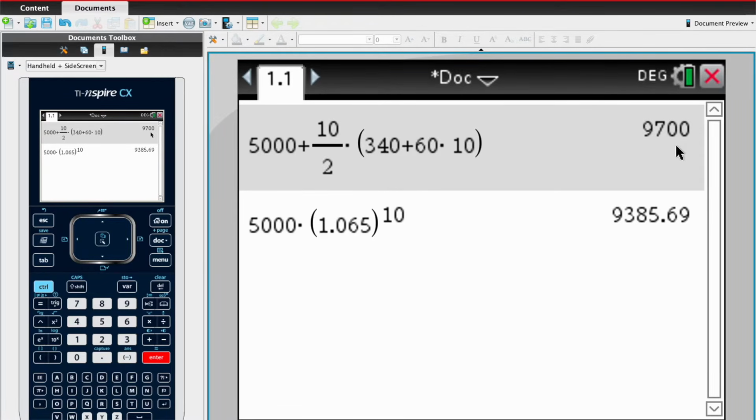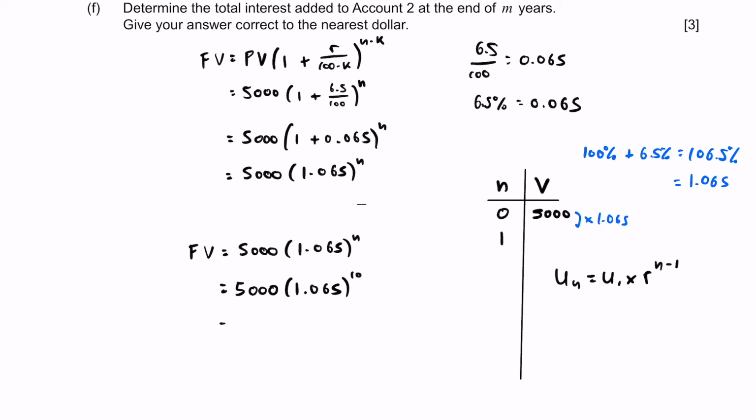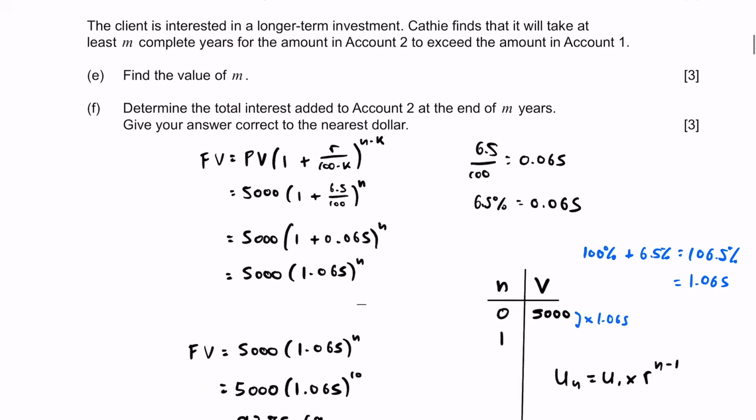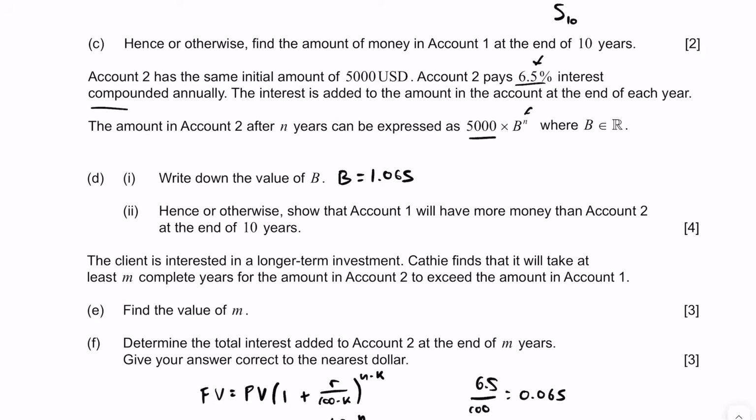Let's go back to the document and write this out. So we have $9,385.69. So I'm going to grab this and bring this up. Hence or otherwise, show that account 1 will have more money than account 2 at the end of 10 years. So how can we show that?